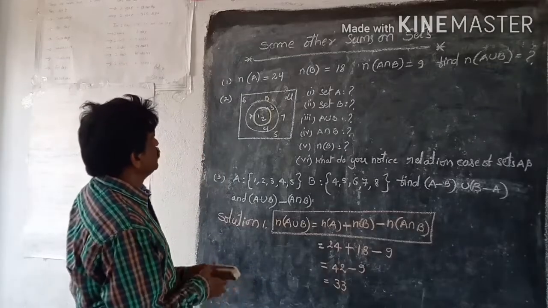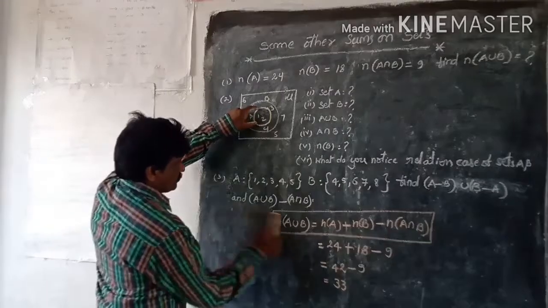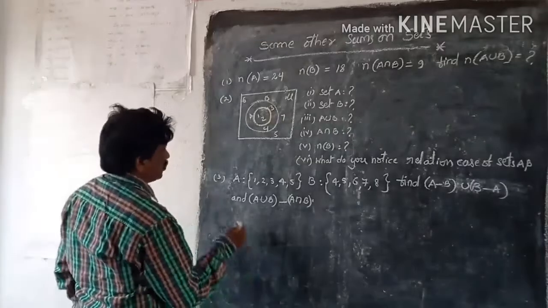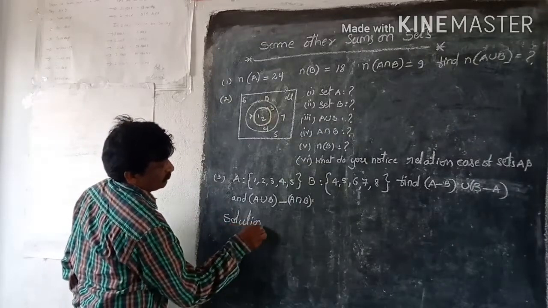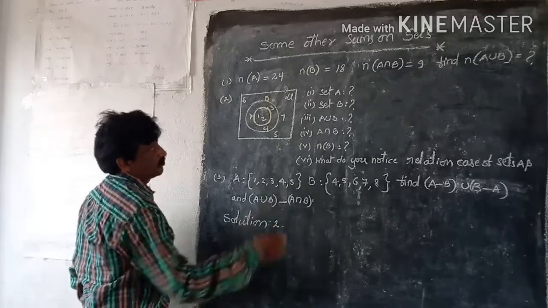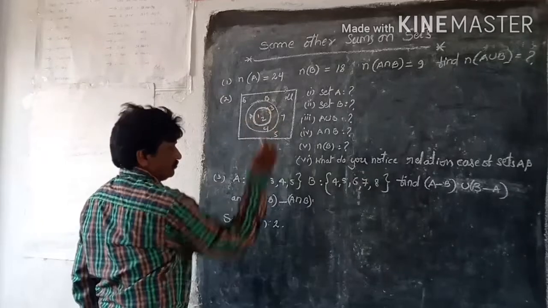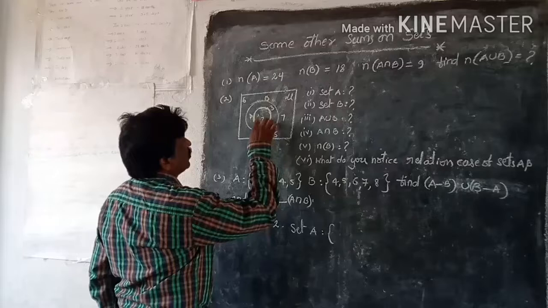Okay, next, the second sum. Solution 2. This is set A: 1, 2.